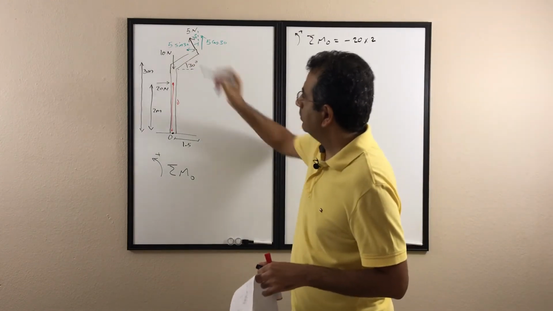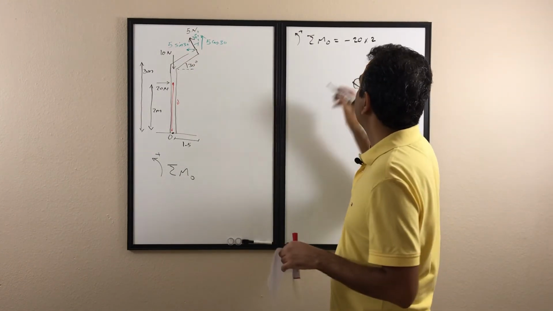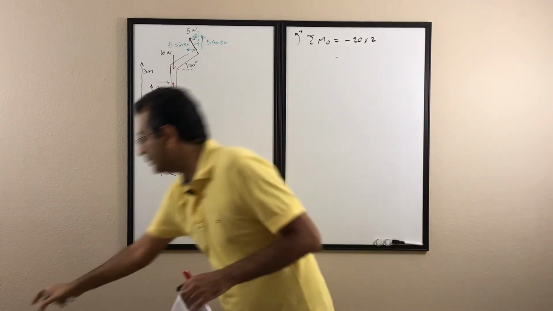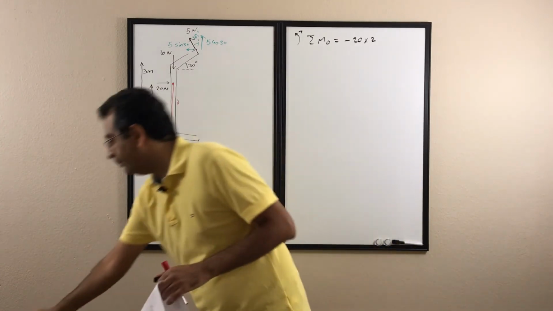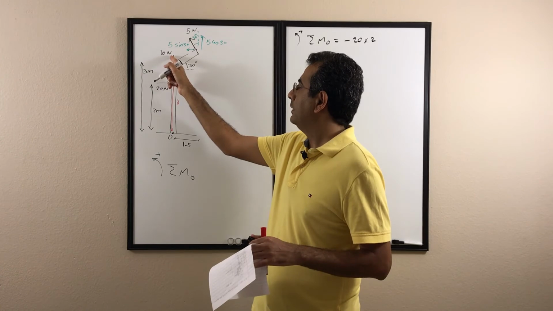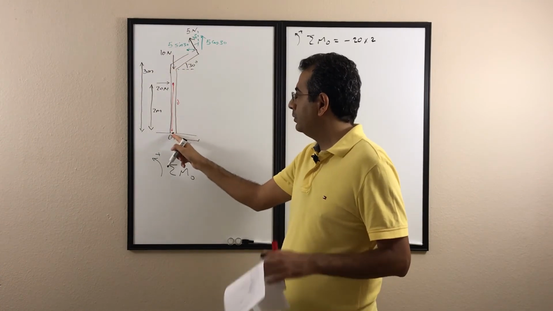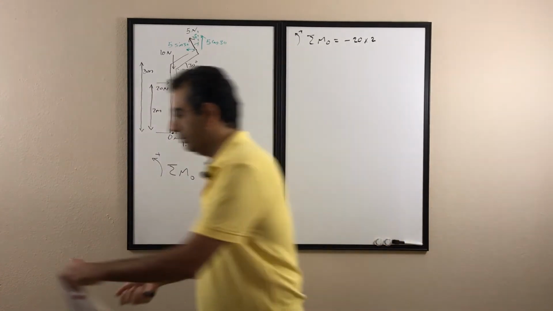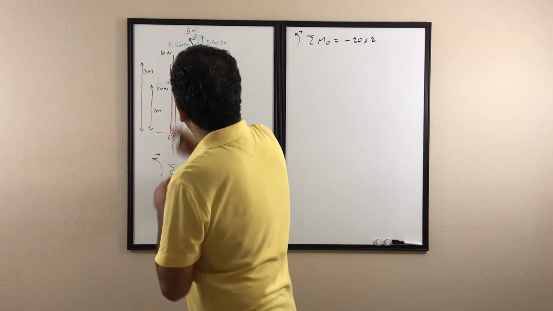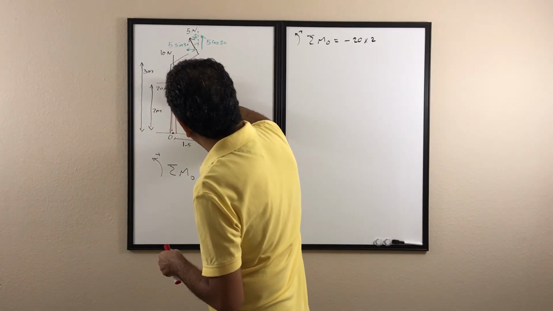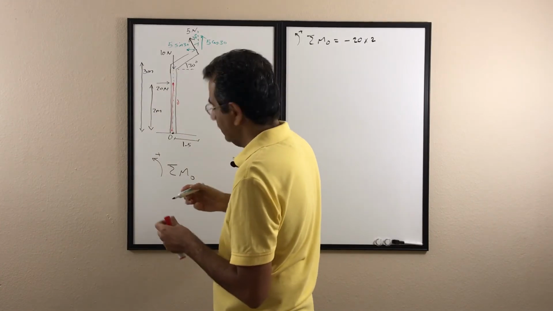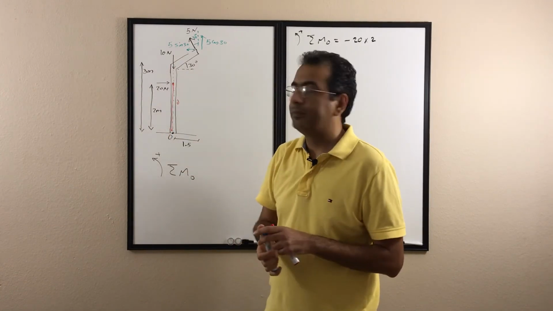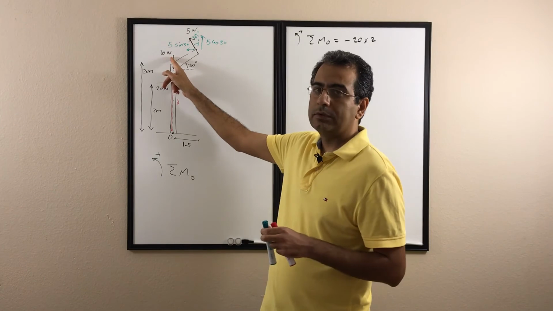Then I go to the 10 Newton to see what moment it creates. The 10 Newton passes through the point O. Because it passes through the point O, if I extend the line of action for that 10 Newton, it goes right into point O. So the distance between point O and the line of action of that force is 0.